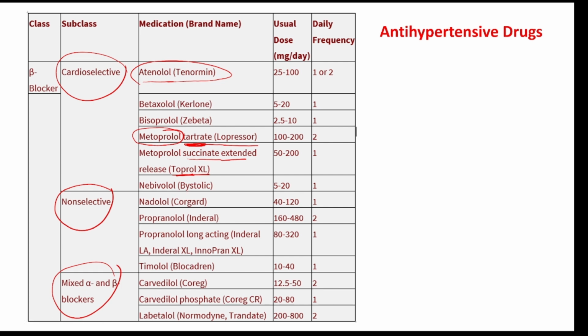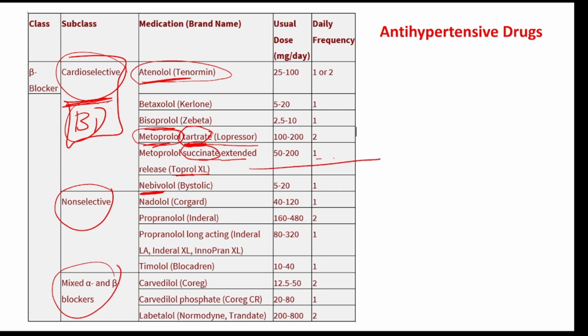Okay, again, cardioselective means we talk about beta 1. For cardioselective: atenolol, betaxolol, bisoprolol, metoprolol, nebivolol. Metoprolol we have two types, tartrate, Lopressor, and succinate for the Toprol XL.